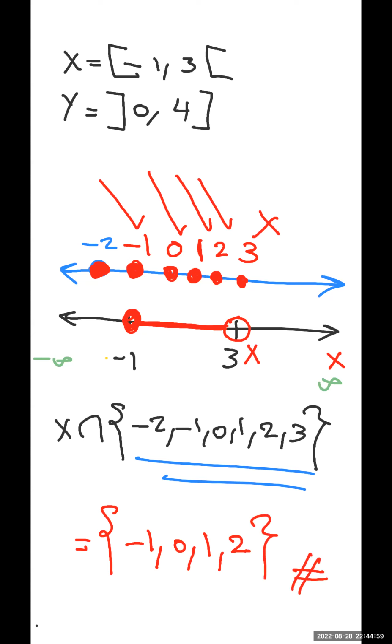Clear, guys? Because here, the intersection will be at this point, this point, this point, this point, nothing more, because on the other number line there is 0 here, there is 1, there is 2, and so on, correct? And it's already shaded like that, correct?